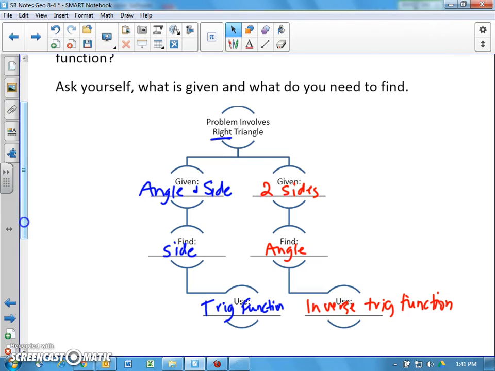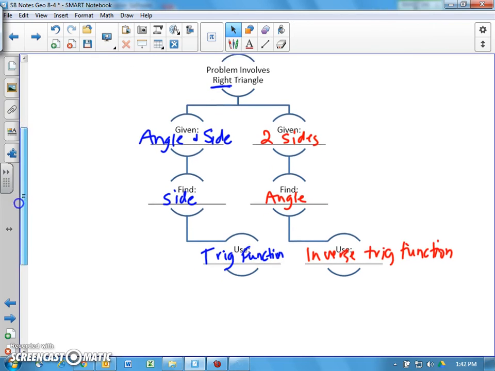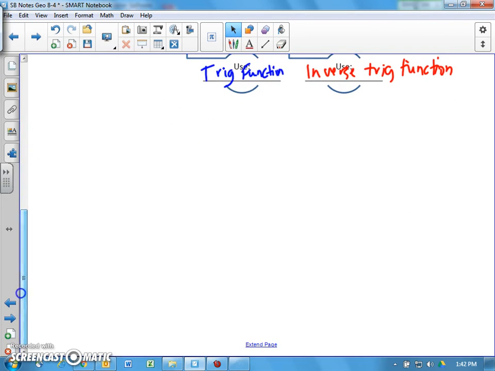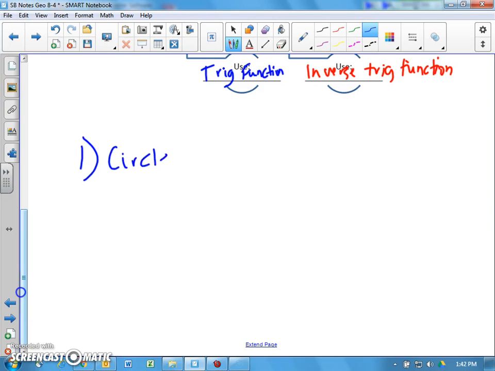So let's kind of pull all of this together and kind of write off to the side of your chart. Let's go through what the steps are in any one of these problems. The best thing to do first is you're going to circle the angle that's involved, whether you know the angle or it's what you're trying to find, and let's label your sides.